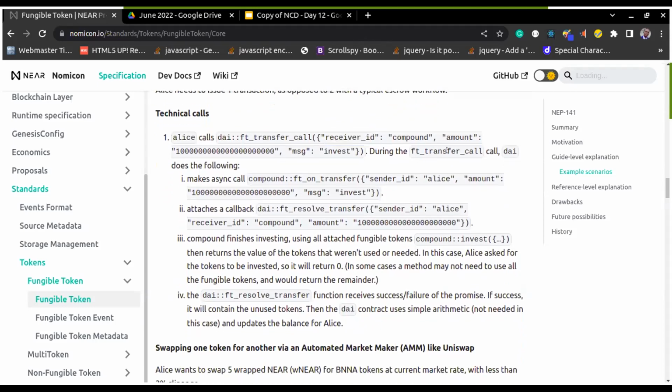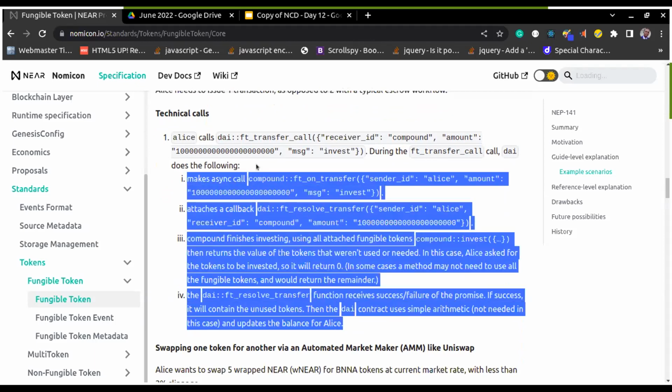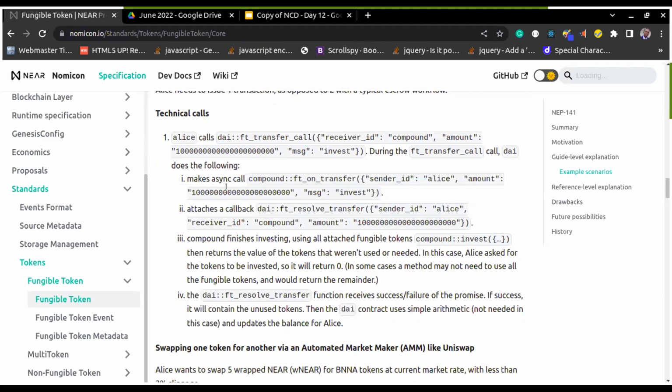So during the call, this is how the DAI smart contract is going to process the transaction. So the very first thing it's going to do is make an asynchronous call to the compound smart contract. And in this case, the smart contract deployed at this address must, and again, note, must implement this method, FT on transfer.